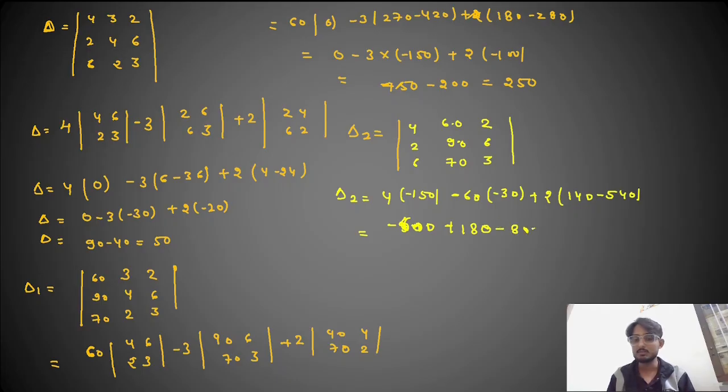So your answer is 600 and 800, 1400. 1400 minus plus 180 will give 1220.